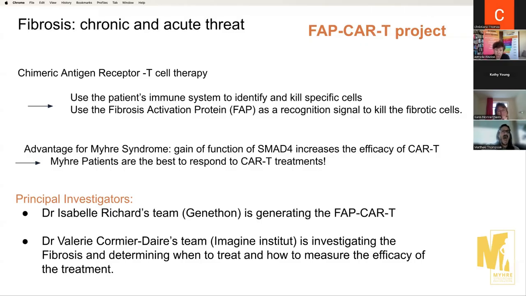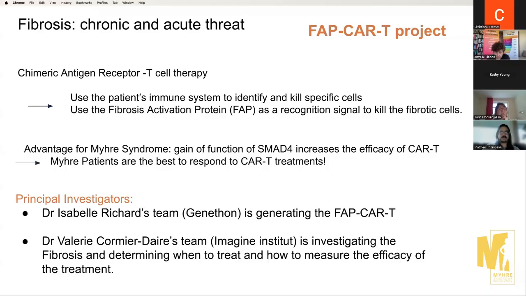When they answered our research proposal, they showed that they were already developing FAP-CAR-T for other diseases. That was good for us because we don't start from scratch. We don't start from nothing. The project is already well advanced in the production of FAP-CAR-T.